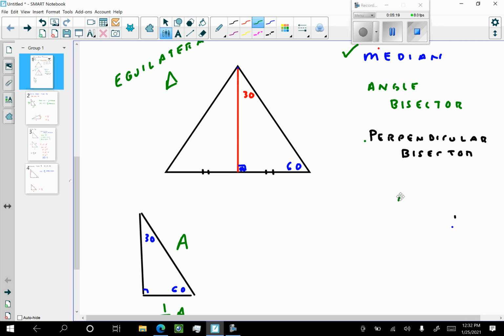So if this length here, whatever we want to name it, is A, this length right here has to be 1/2 A.